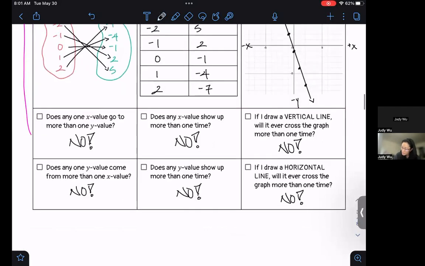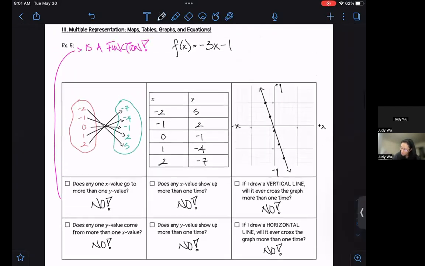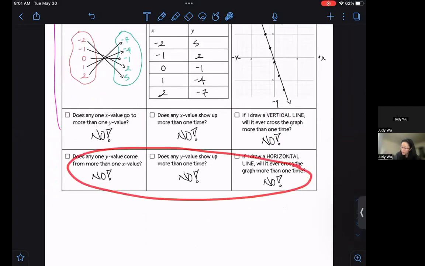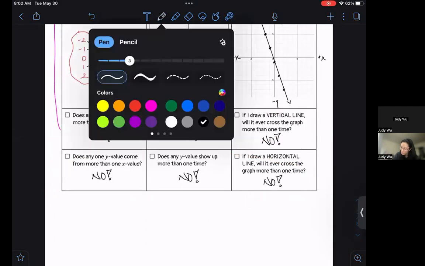Now, last time, when we were asking the questions up here with our vertical line test, all of the answers were no. That meant that it was a function. Now, if we get all no's down here, what does that mean?